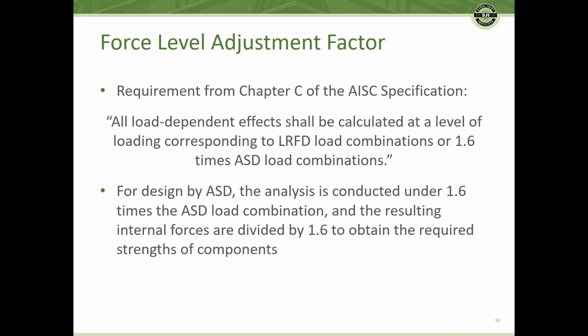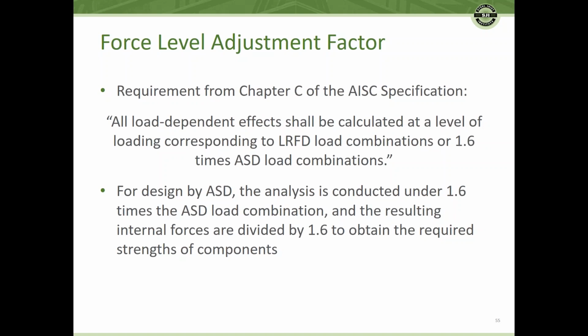So noting, again, that the analyses are nonlinear, SJI further recommends that we use the force level adjustment factor from the AISC specification. This is based on the requirement in Chapter C that all load-dependent effects shall be calculated at a level of loading corresponding to LRFD load combinations, or 1.6 times ASD load combinations.